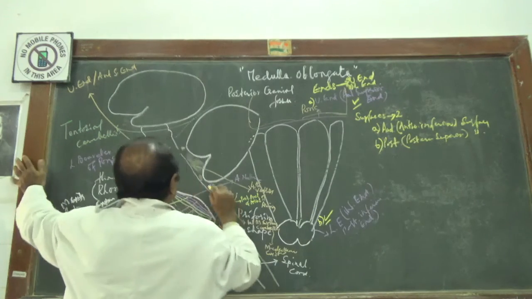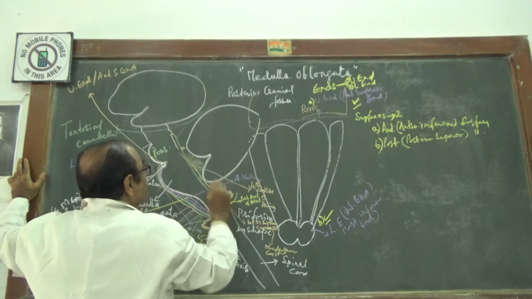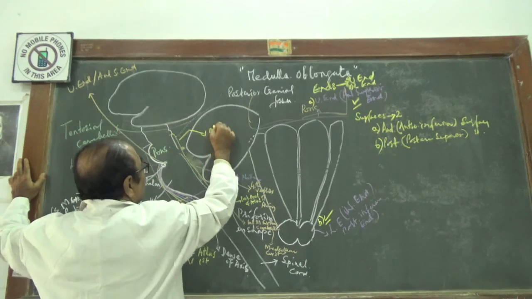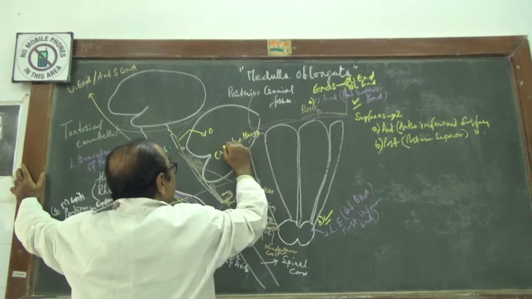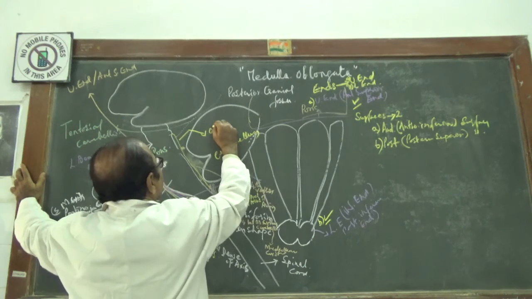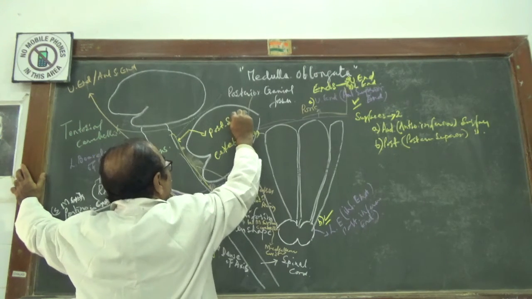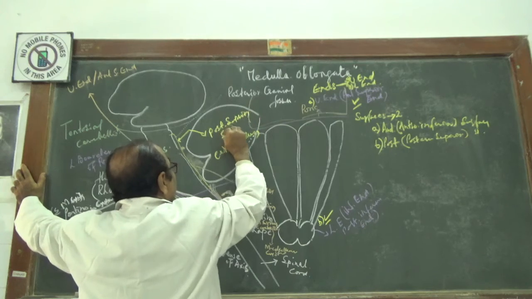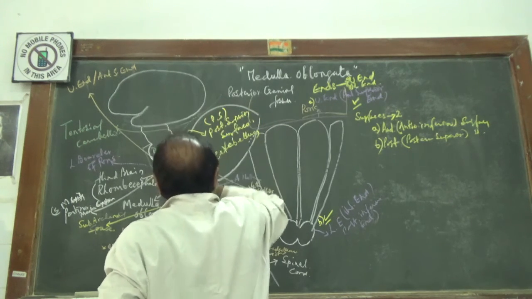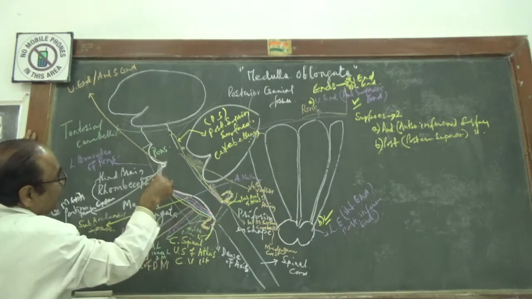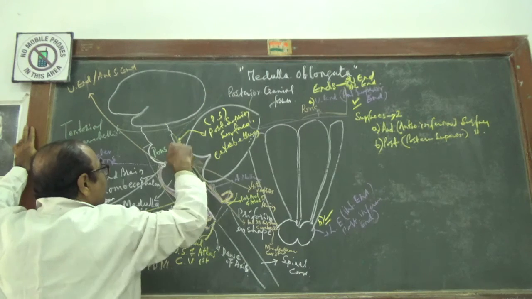The superior surface is this, from this point to this is the posterior, this is the cerebellum. But this whole thing is the posterior superior surface, or you can say posterior surface. This is for the pons only.